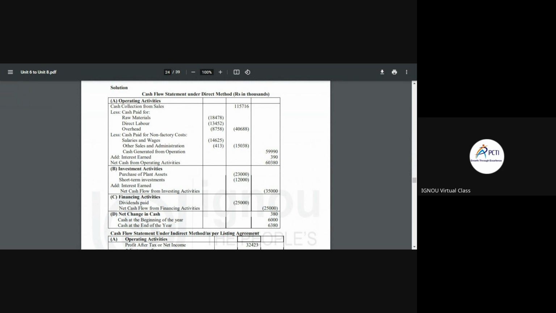Then we have a net change in cash from all three activities. Then we add the cash at the beginning of the year, and then at the end we get the cash at the end of the year.